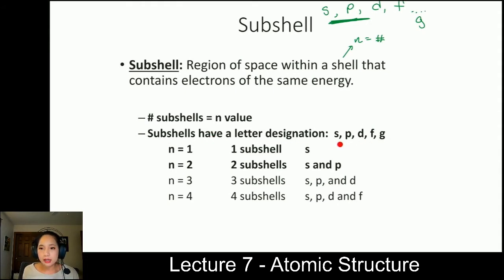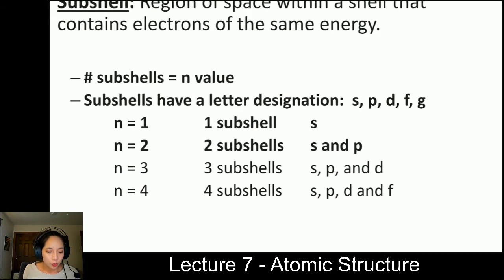Always start with S. So always think it goes S, P, D, F, G, etc. So within our n equals 1 shell, we can only have one subshell. And so you'll start at the leftmost letter designation. So we can only have an S subshell within an n equals 1.